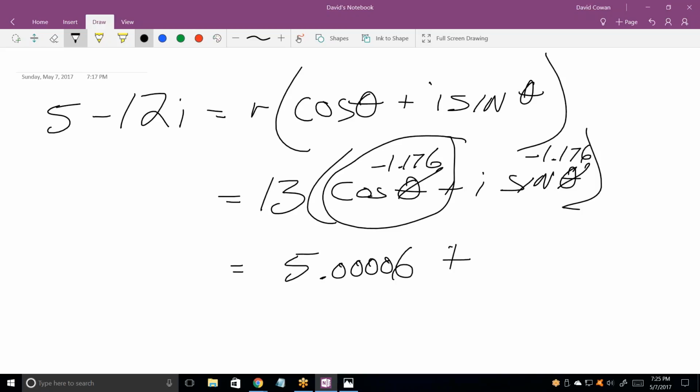Now figure out what the sine of negative 1.176 radians is. Negative 0.923.